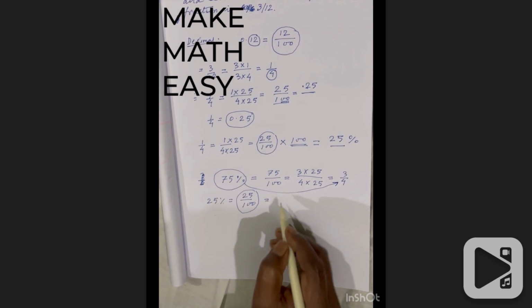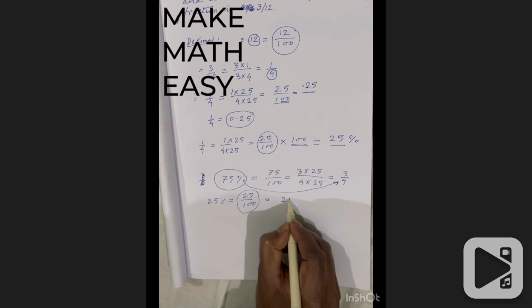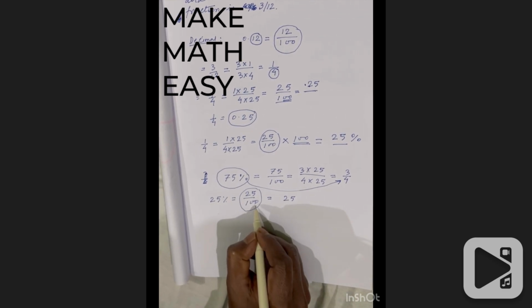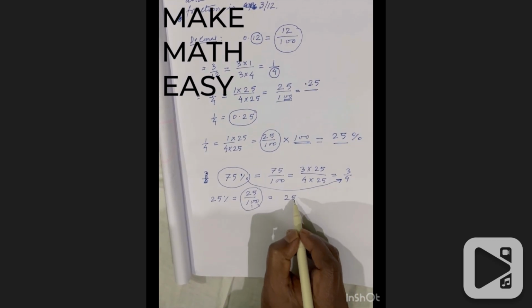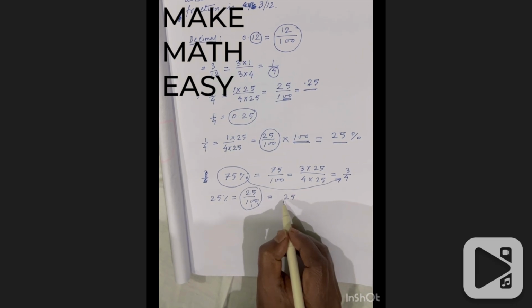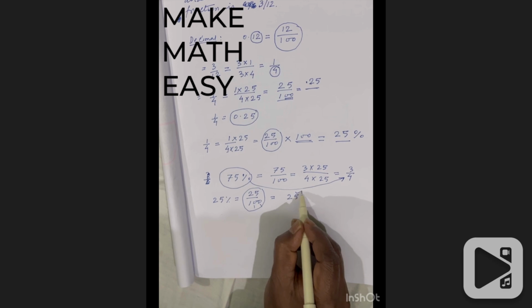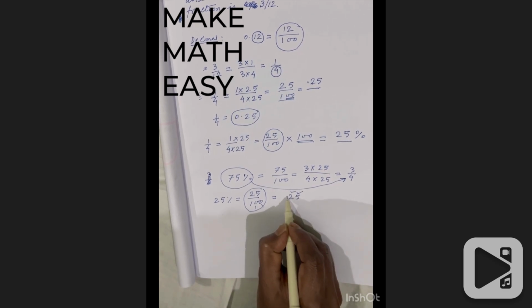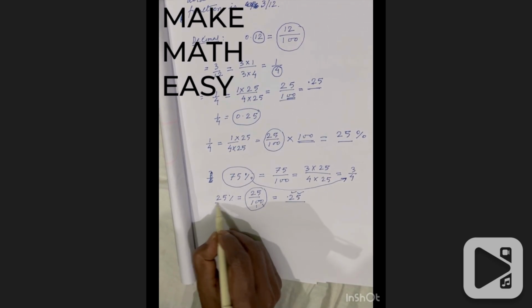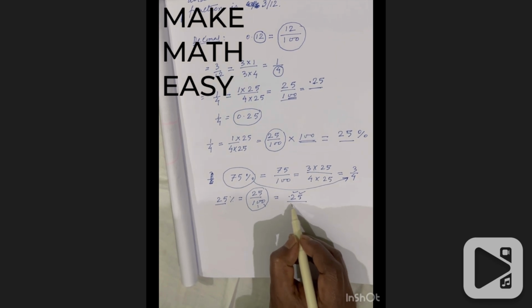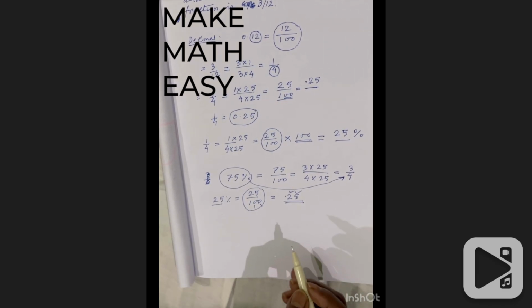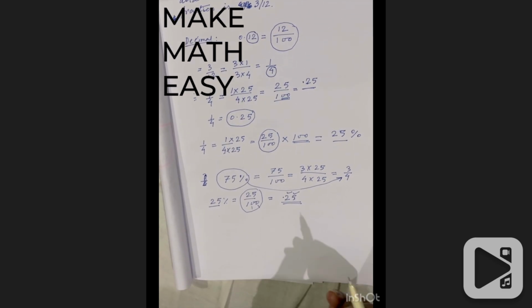How? First write 25. How many zeros are there? 2. So from the right we move 2 digits to the left and then put the point. So 25% converts into the decimal 0.25.